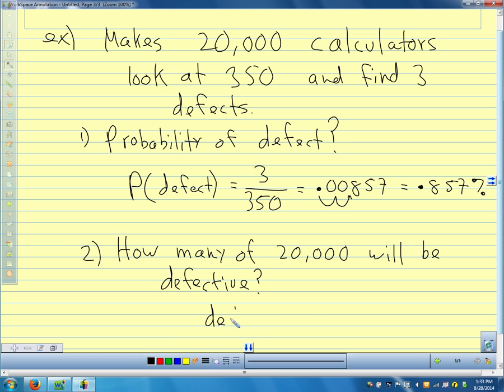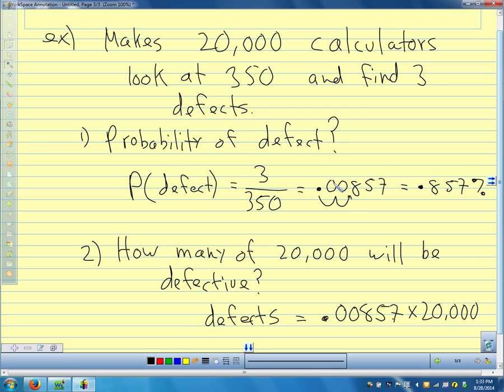So our defects equals 0.00857 times 20,000. That's how we find 0.857% of 20,000.